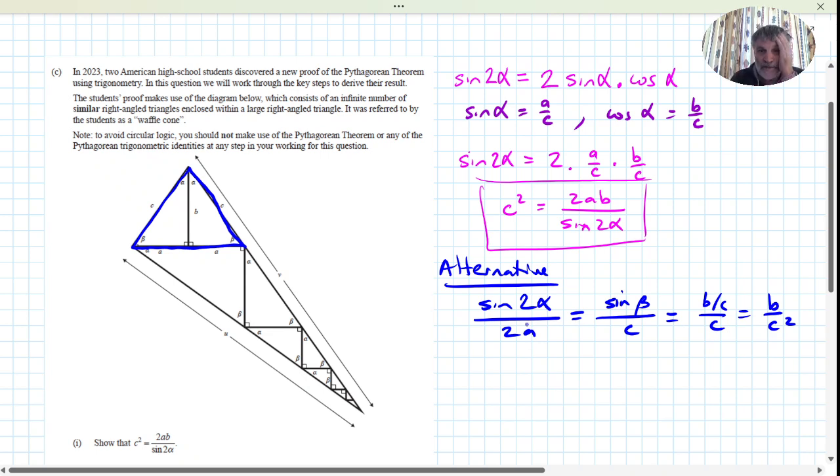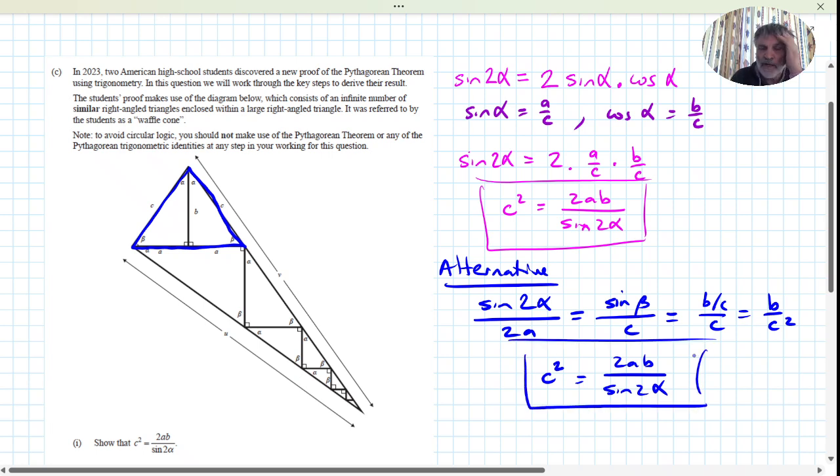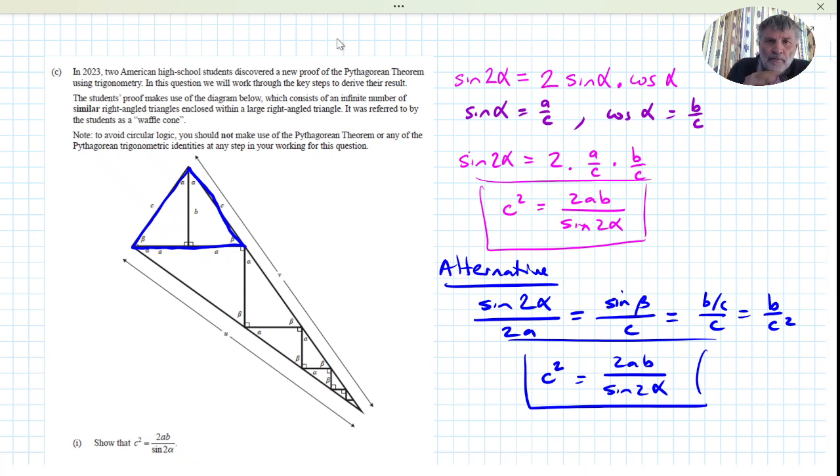And then just cross multiplying again. C squared we multiply up onto the left hand side, 2a we multiply up onto the right hand side, divide by the sine 2 alpha on the right hand side. So there's two quite simple proofs of what we're required to show there.